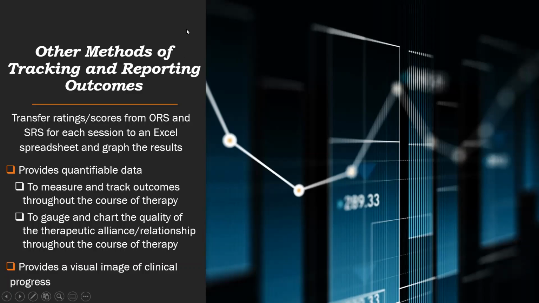One of the advantages to this is that it provides some quantifiable data to measure and track outcomes throughout the course of therapy, to gauge and chart the quality of the therapeutic alliance and relationship throughout the course of therapy. And it provides a visual image of clinical progress.